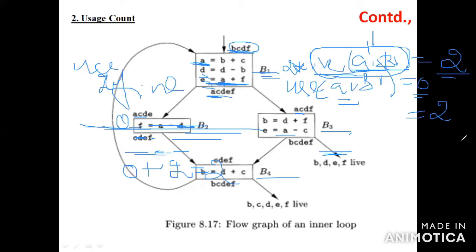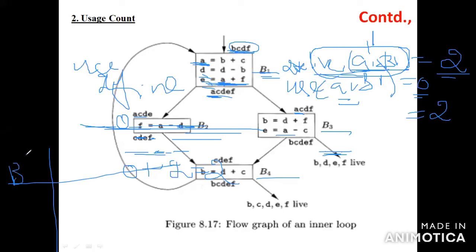So for each and every block you have to indicate for the basic block, for all the variables, how many times the number of instructions is for the given variables. Okay, so this is for usage count. So similarly, you have to check for the given problem. You have to create one tabular column.